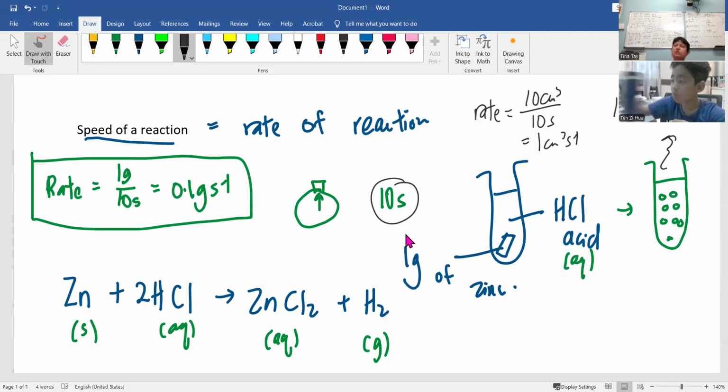So this is how we measure rate of reaction: either the amount of reactant used over time or the amount of product formed over time.